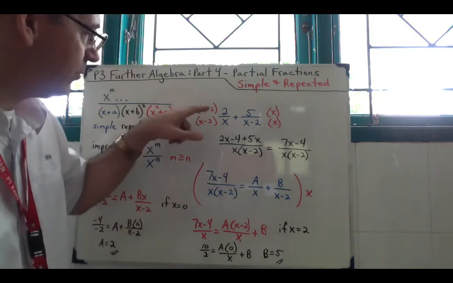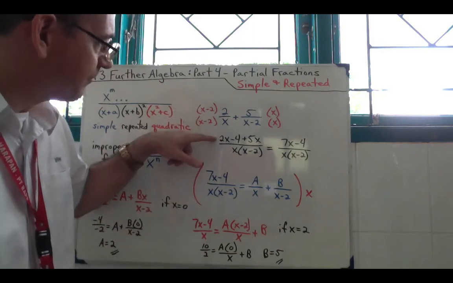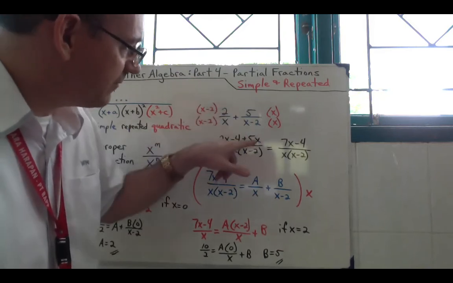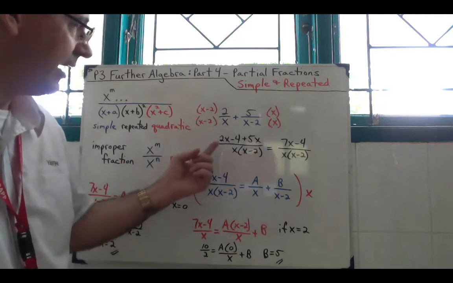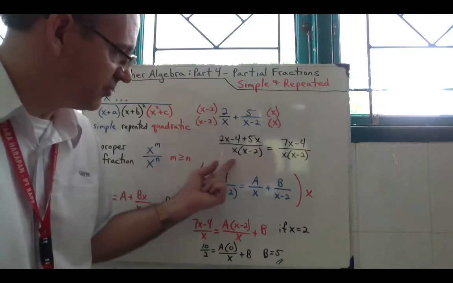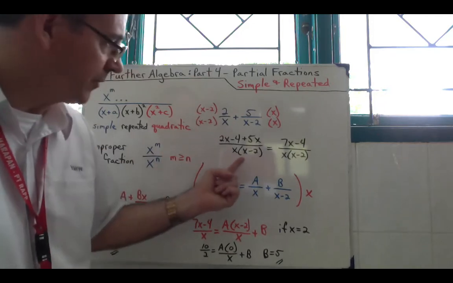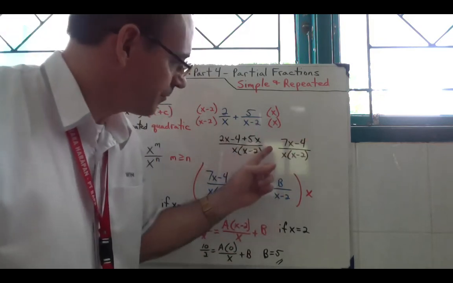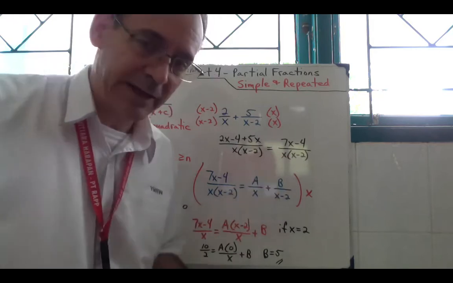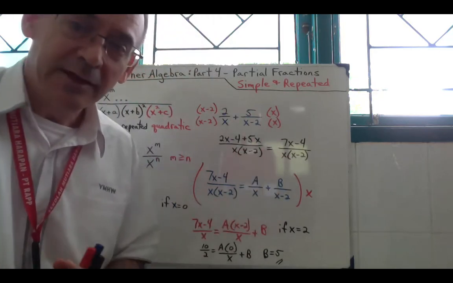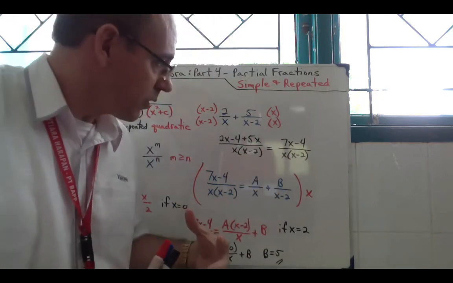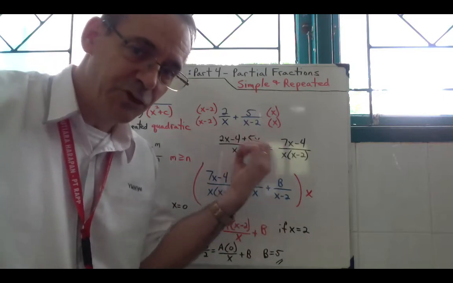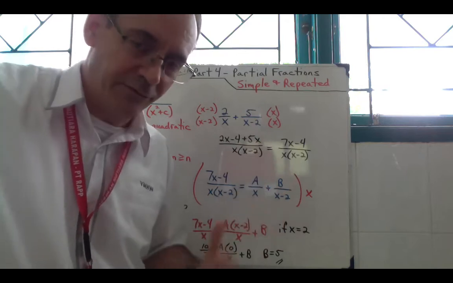When we do that, we get 2 times x and a negative 4 plus 5x in the numerator, and we have our x and x minus 2 as the common denominator. Then when we simplify it, we have 7x minus 4 over x times x minus 2. We've gotten the common denominator, and we've combined two fractions into one fraction.